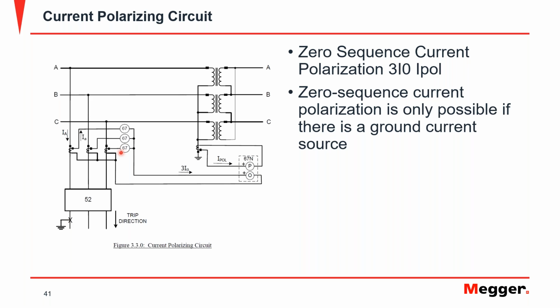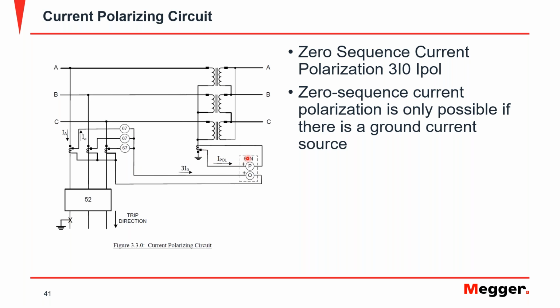This is also a very rich topic that we could talk at length about, but in general, what we do is use the zero sequence current, and we need to find a polarizing signal that is connected to the occurrence of the fault.